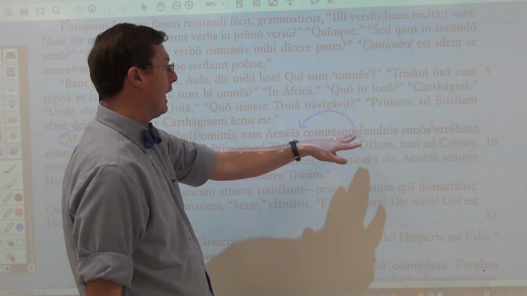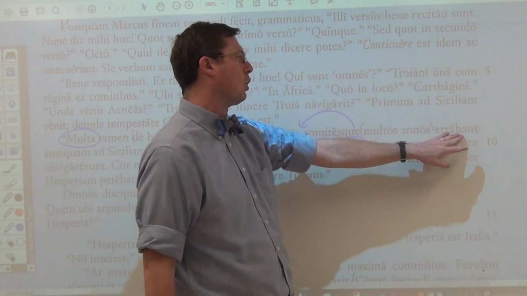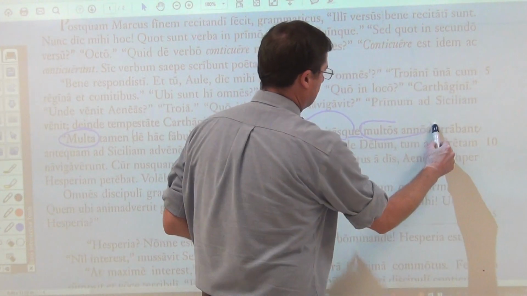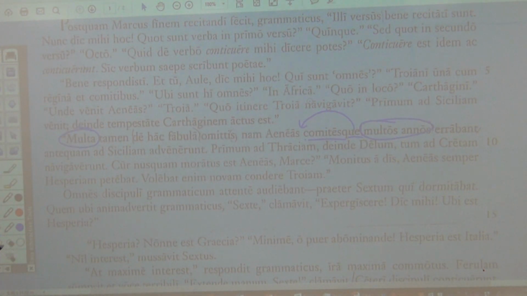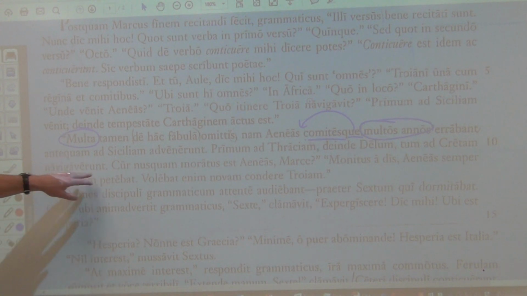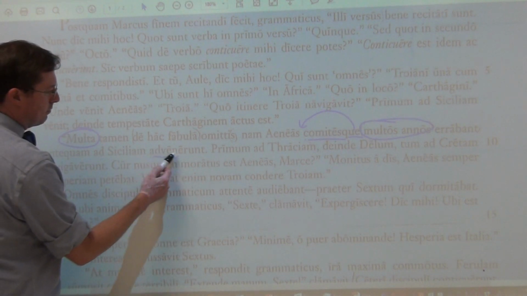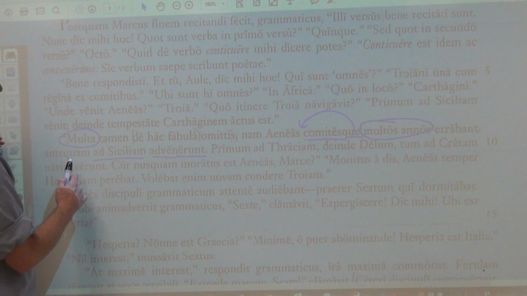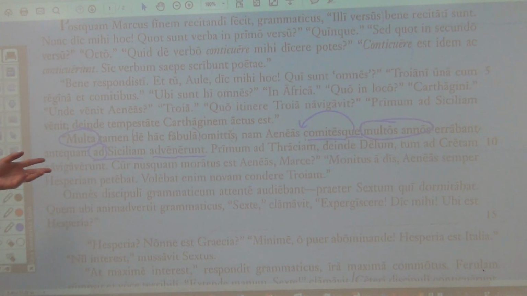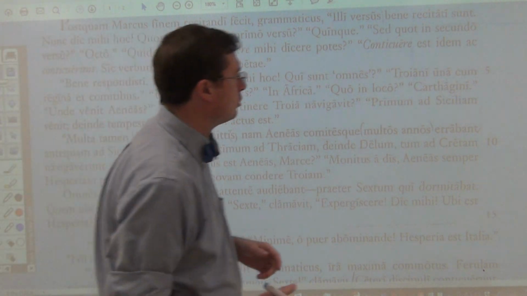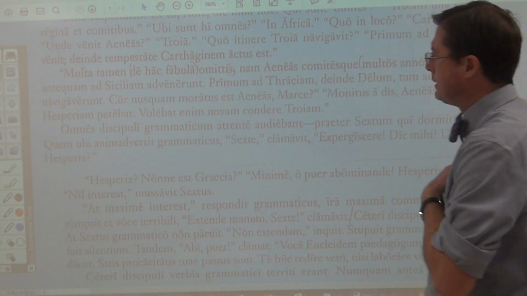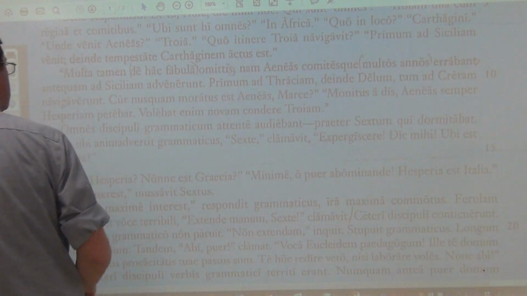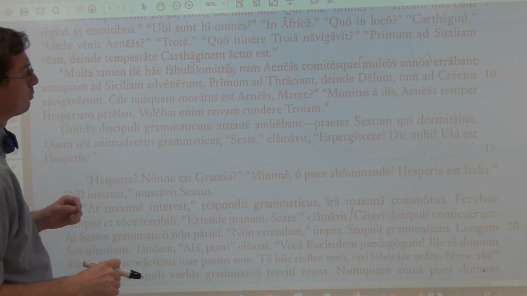So, for Aeneas and the companions were wandering, duration of time and extent of space is always expressed in the accusative case, for the duration, many years, for many years, before they came, they did come, they have come, perfect tense, to Sicily. Again, you've got to have a preposition because Sicily is not a city, town, or small island. Again, this chapter is really emphasizing through Aeneas' travels the nature of whether it's a city, town, or small island and needs a preposition or not when it is not a city, town, or small island.